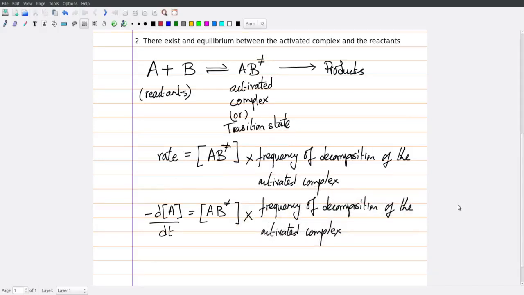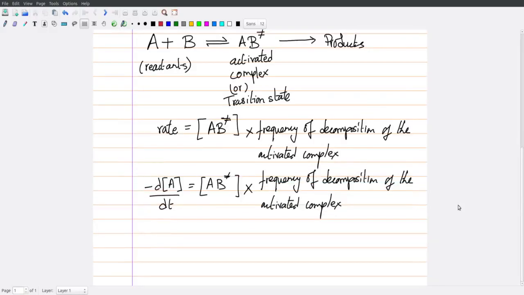Now first let us apply the equilibrium knowledge that we have and derive an expression for AB dagger.